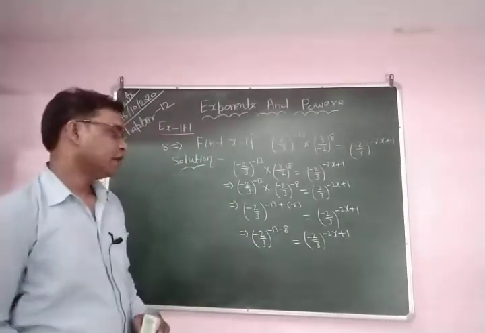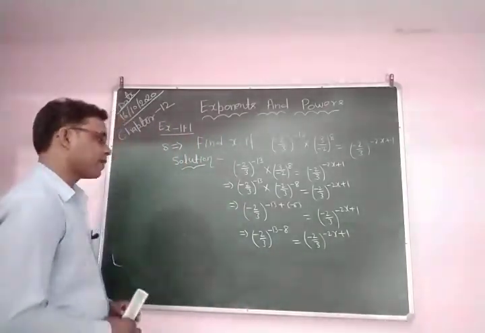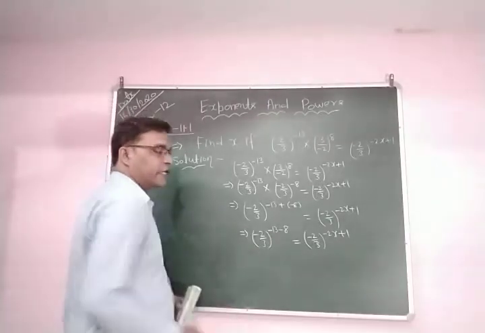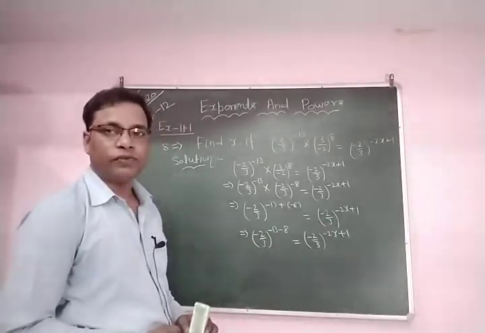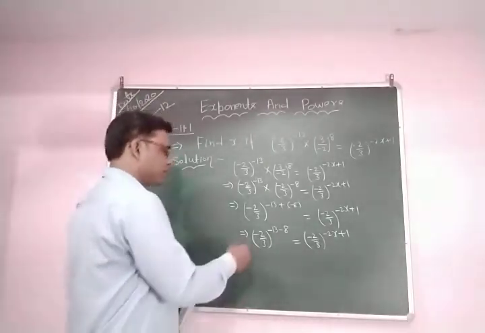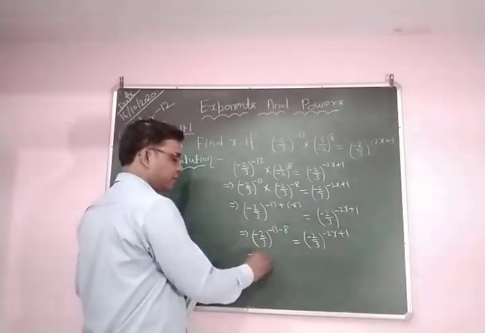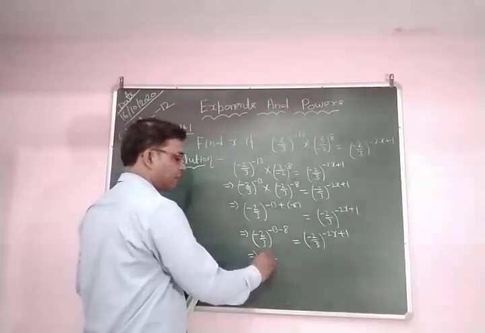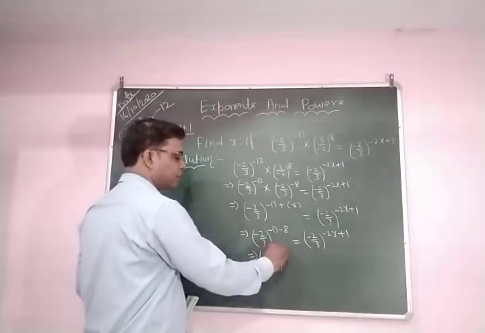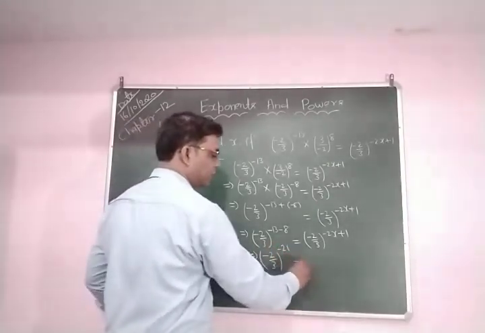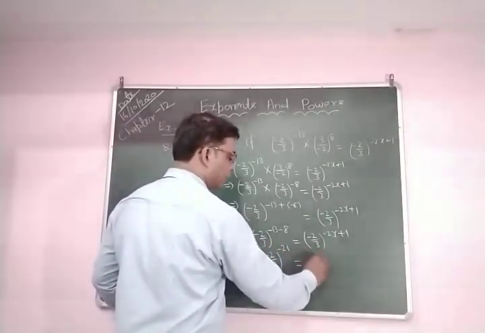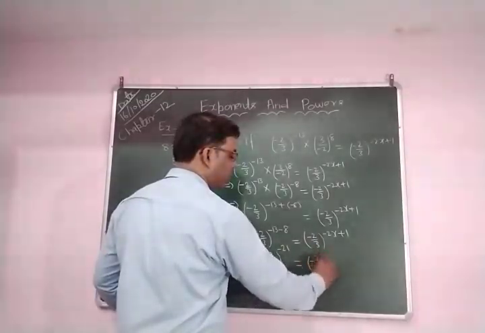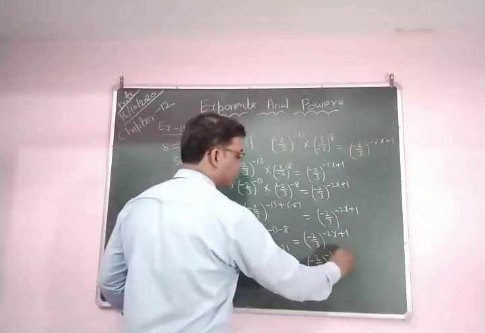This is clear? Now you know very well, minus 13 minus 8, this is equal to what? Minus 21. So this is equal to minus 2 by 3 whole power minus 21, and this equals minus 2 by 3 whole power minus 2x plus 1.